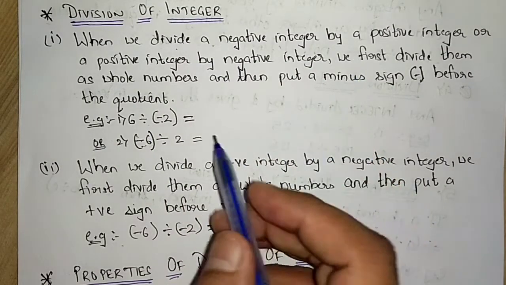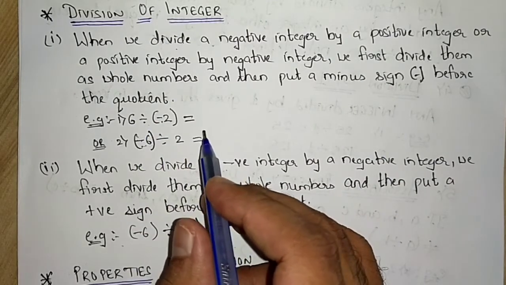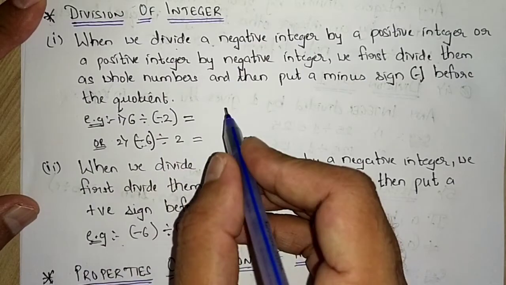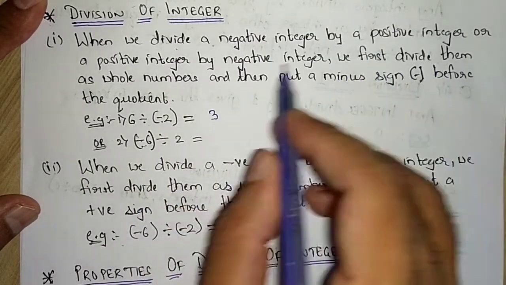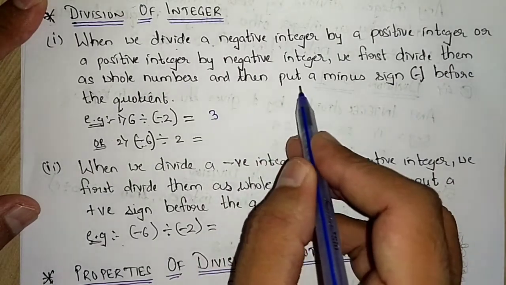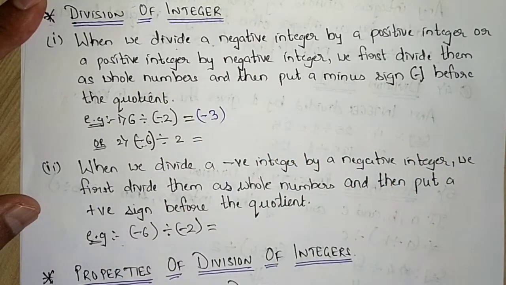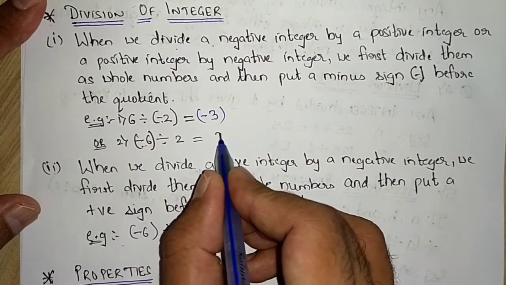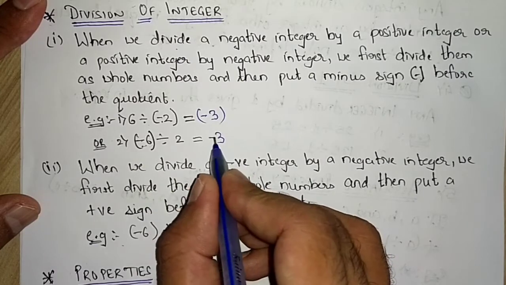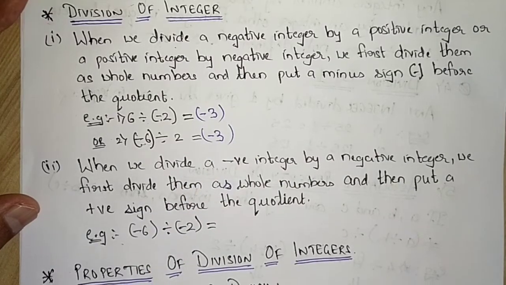What we do is first divide them as a whole number. 6 divided by 2 is 3. So we first divide them as a whole number and then put a minus sign. Here also the same thing: 6 divided by 2 is 3, and then I will put a minus sign because one is negative and one is positive.